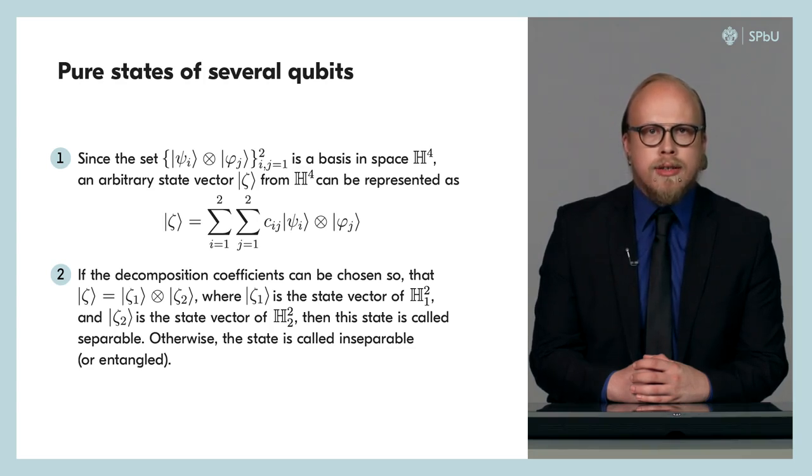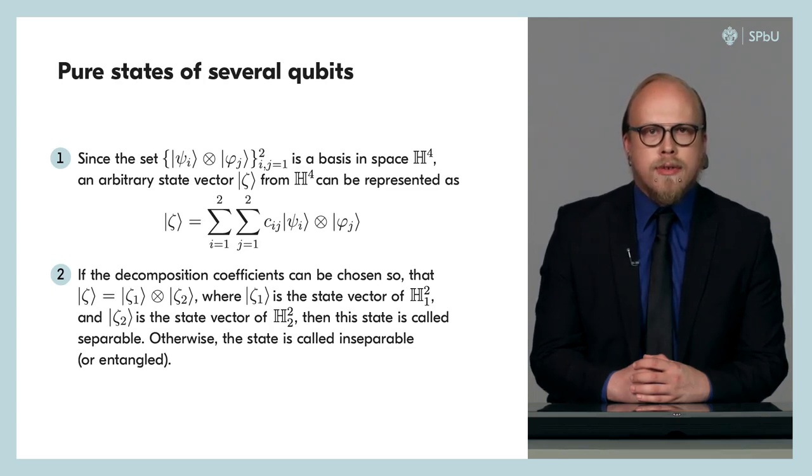Accordingly, any state vector zeta for the entire system can be represented as a decomposition over this basis set, that is, in the form of two sums over indices i and j of the coefficient c sub ij multiplied by the vector psi i tensor multiplied by the vector phi j.